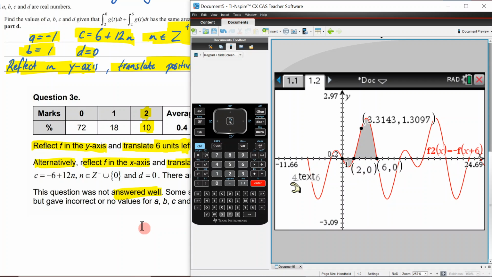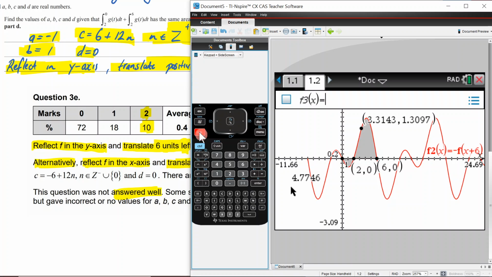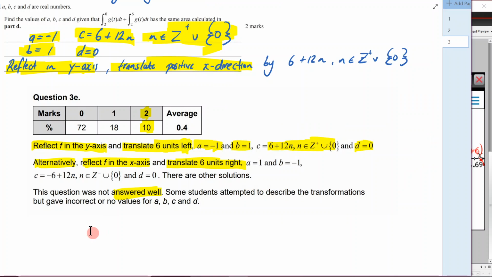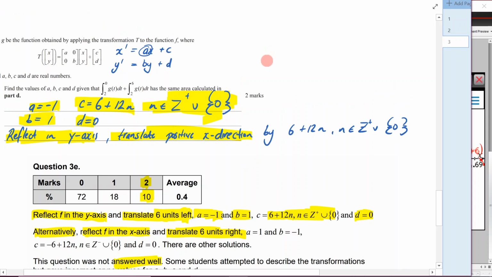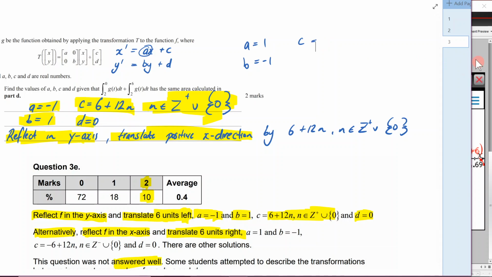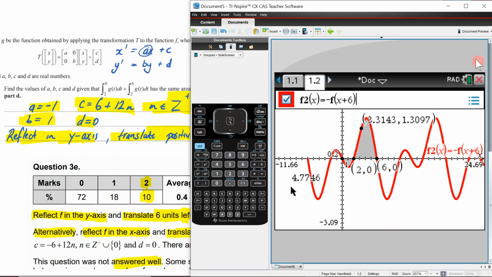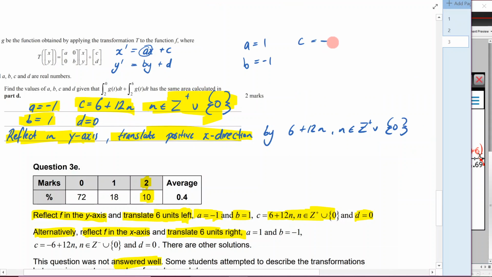So what I've done there, if we just bring tab up for a moment, because I've reflected it in my x-axis, that means I've changed all my y values. So this time my a is going to be equal to 1 and my b is going to be -1. And also my c, if we look at our graph here, we're shifting it to the left this time, so that means it's going to be -6.